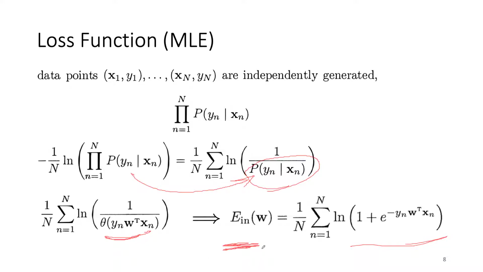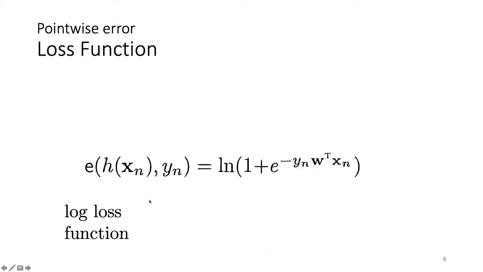So this was the summation of all the pointwise errors, right? Let's see how we're going to calculate each of those points as a pointwise error using the loss function. We call this class of methods a log loss function.